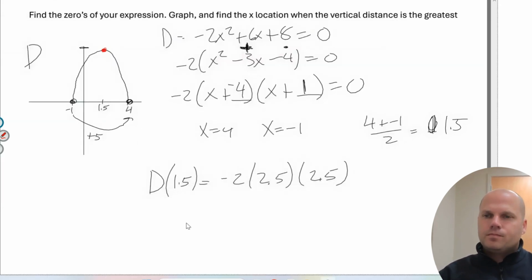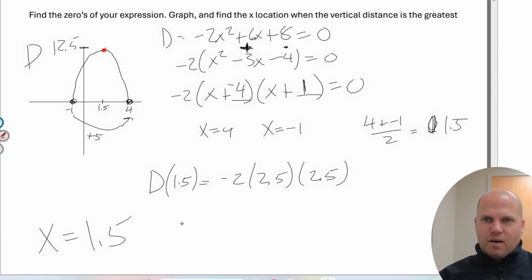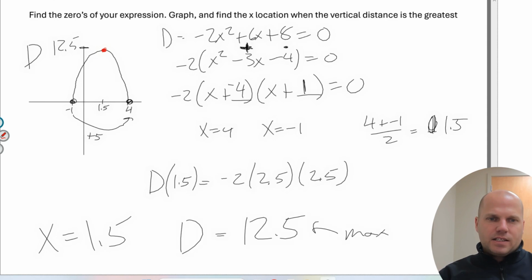Great. So when x is 1.5, my distance being 12.5 is going to be the max distance.